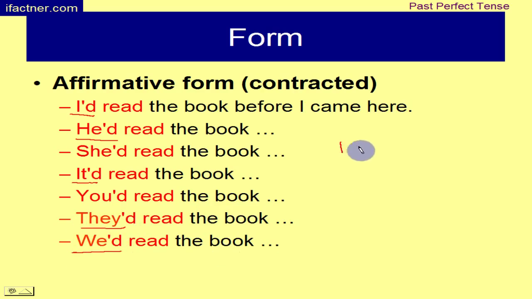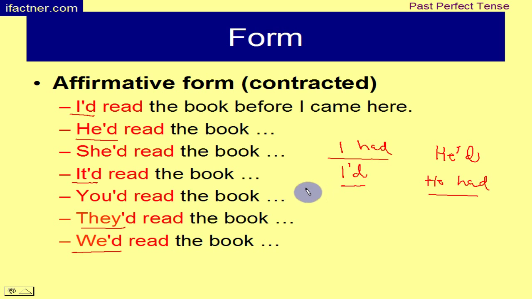Here we have used the contracted form I'd instead of I had, he'd instead of he had. Usually we use the contracted form in spoken English, and we write it like this in the written form.